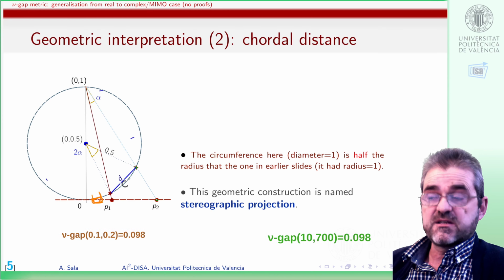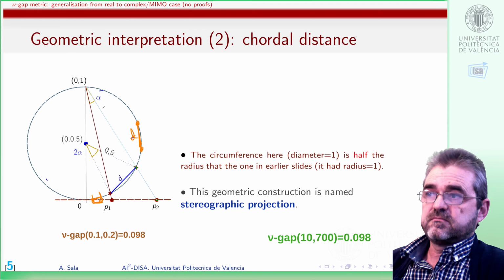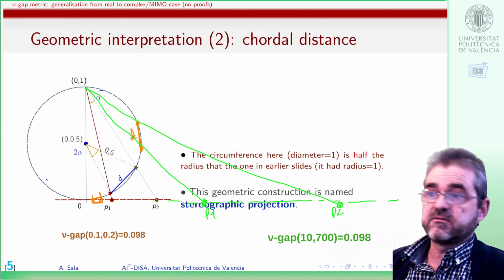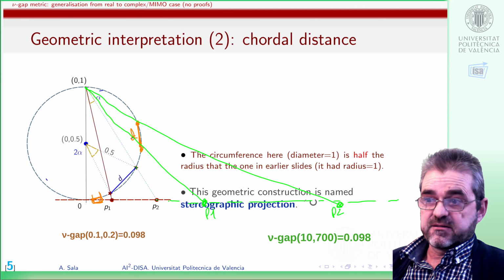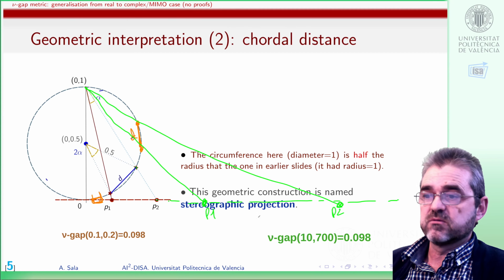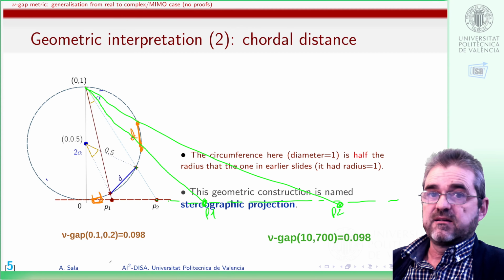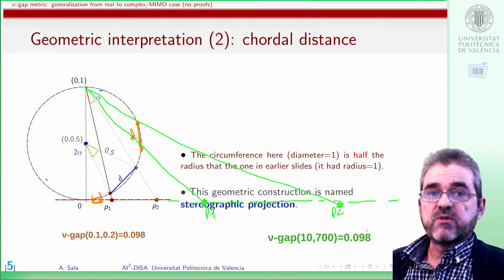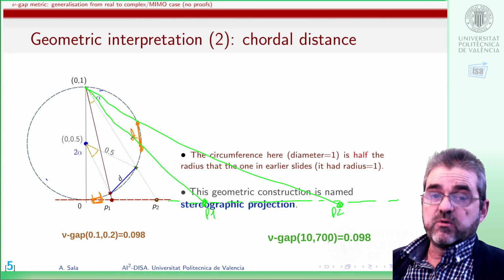But the same distance at a higher gain corresponds to a much larger additive uncertainty difference between P1 and P2. So the nu-gap between 0.1 and 0.2 is roughly the same as the nu-gap between 10 and 700. So this is good in intuition.